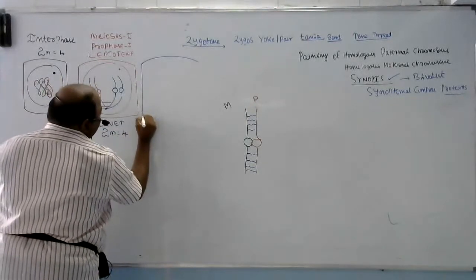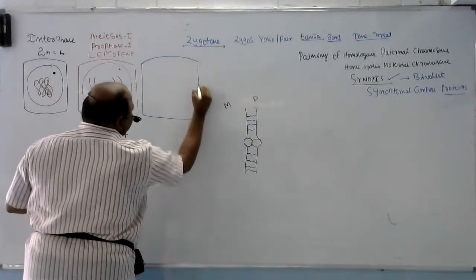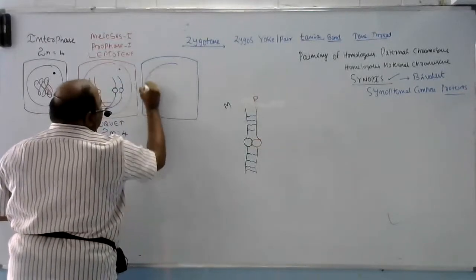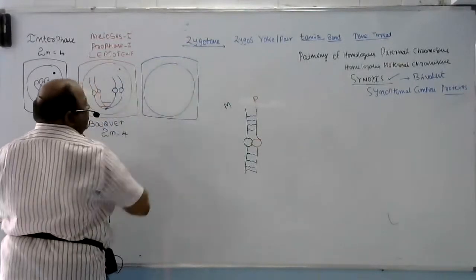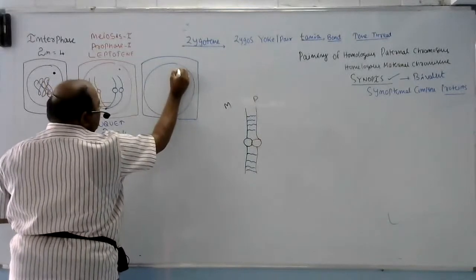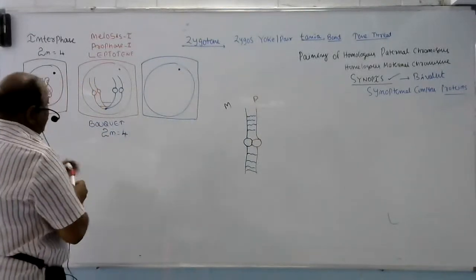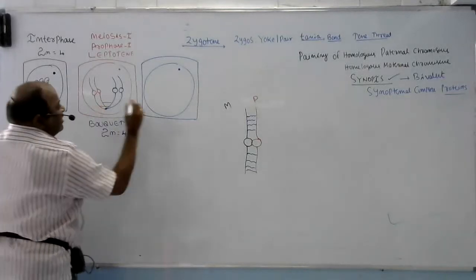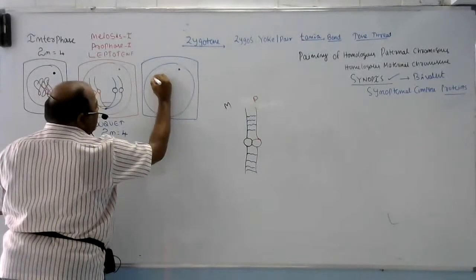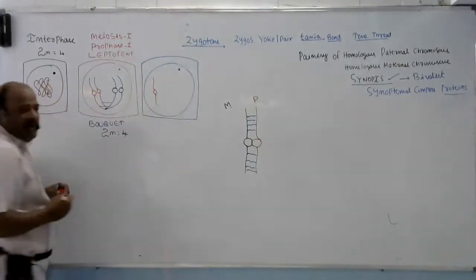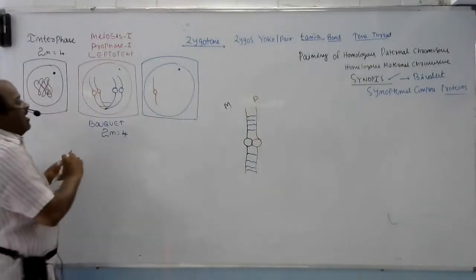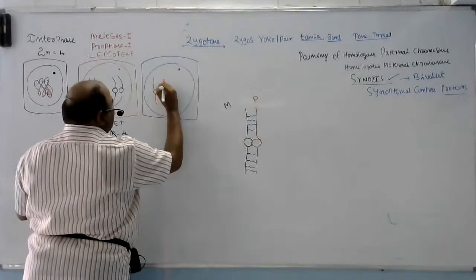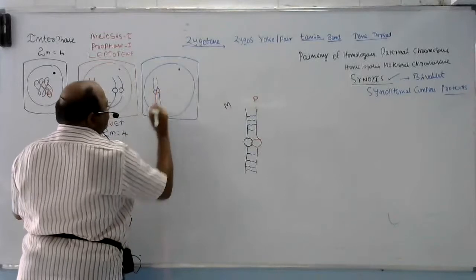This is the zygotene stage. The nuclear membrane and nucleolus are still present. For example, one red chalk is the paternal chromosome, another is the maternal chromosome.